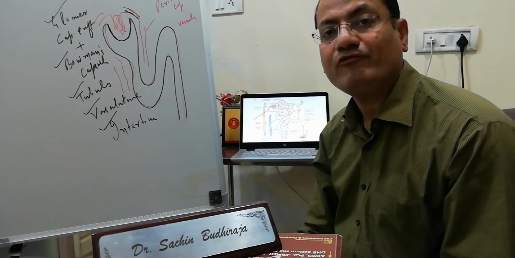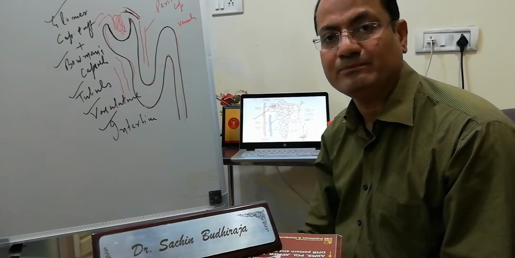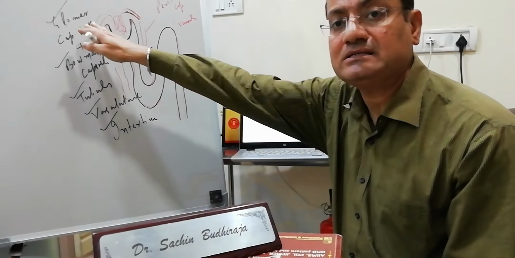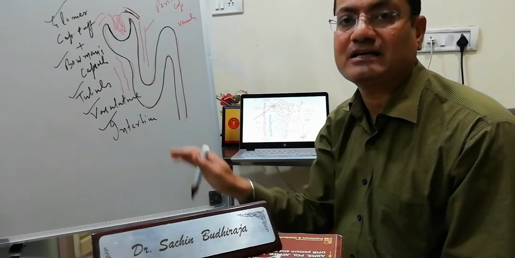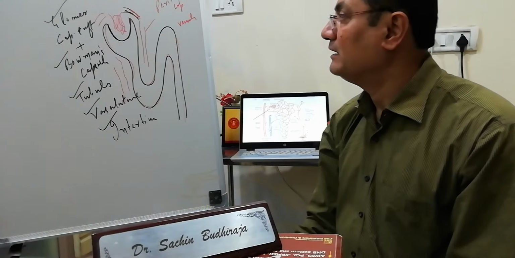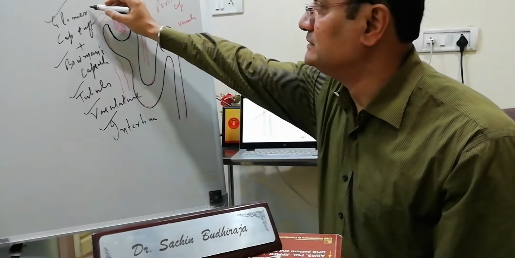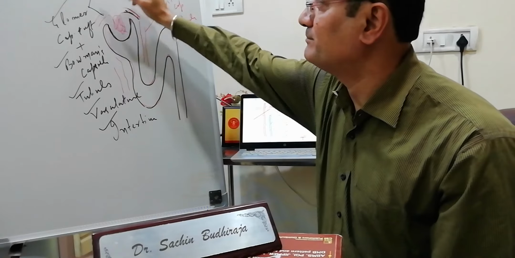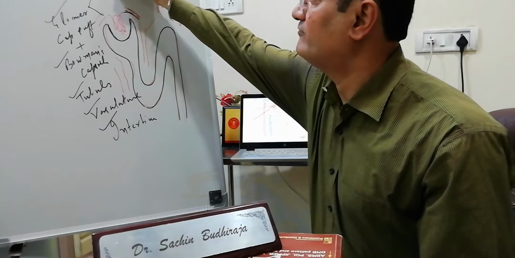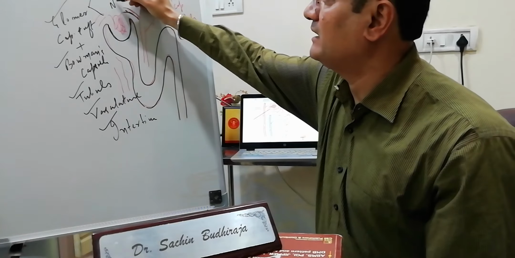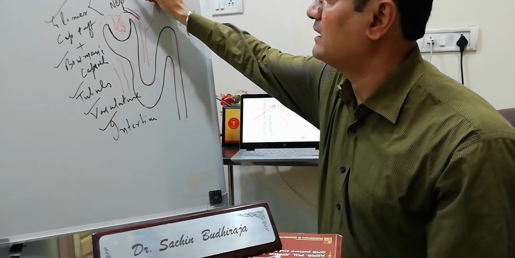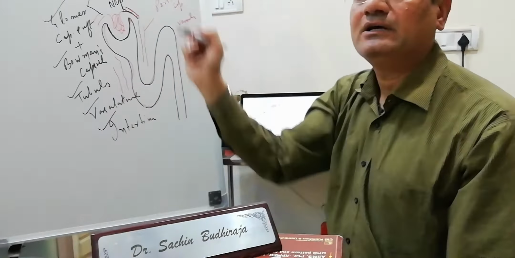So accordingly, we have four types of kidney presentations in our day-to-day practice: the glomerular diseases, the tubular diseases, the interstitial diseases, and the vascular diseases. In the glomerular pathologies, again we have two types of presentations. One is the nephritic kind of presentation, and another is the nephrotic kind of presentation, right?